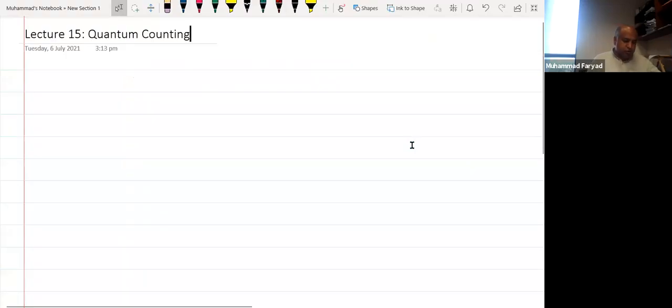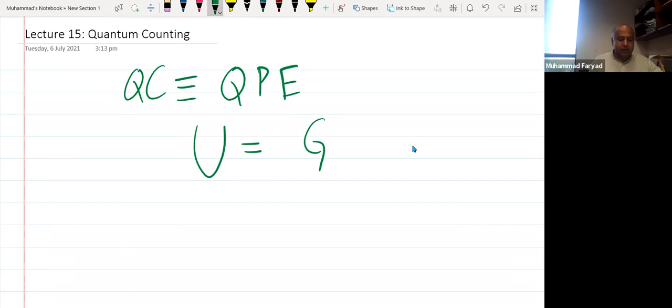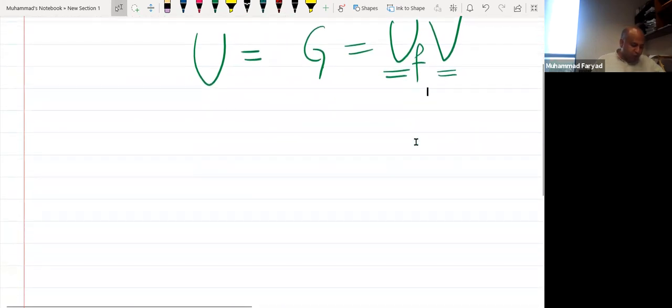Okay, so the quantum counting algorithm is actually just quantum phase estimation. The only difference is that our unitary operator is now the Grover operator, which is equal to the Grover oracle, let's call it UF, and the diffuser V. So if you remember, the Grover algorithm worked like this.